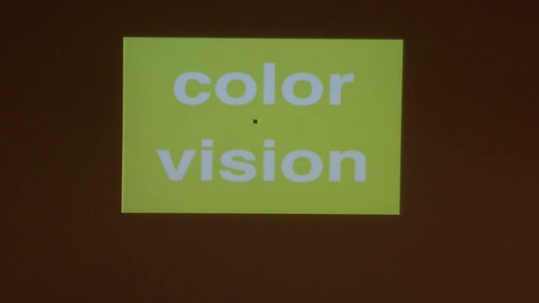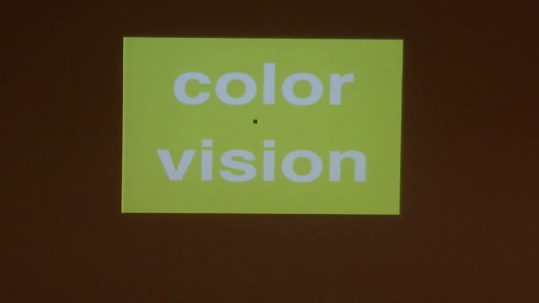Color is locally opponent. So all these little gray rings are identical, but these look more yellow, that is less blue, and these look more blue, less yellow, because of the change in the background. And I know they're identical because I made this. Here's a little illusion based on surround opponency and color.